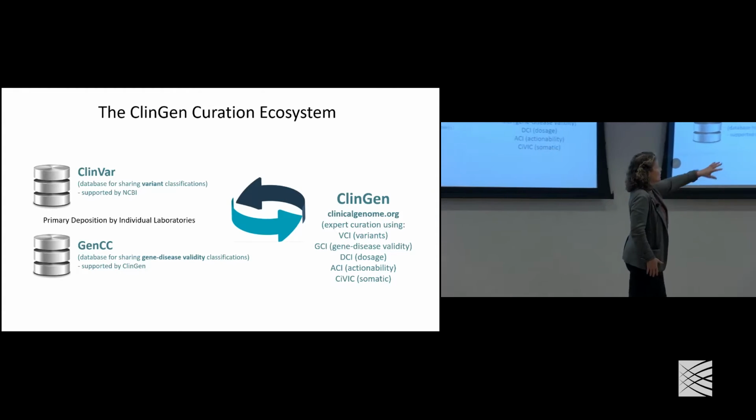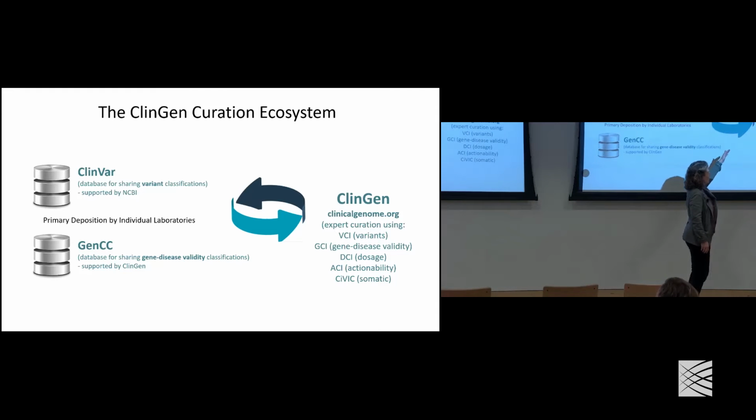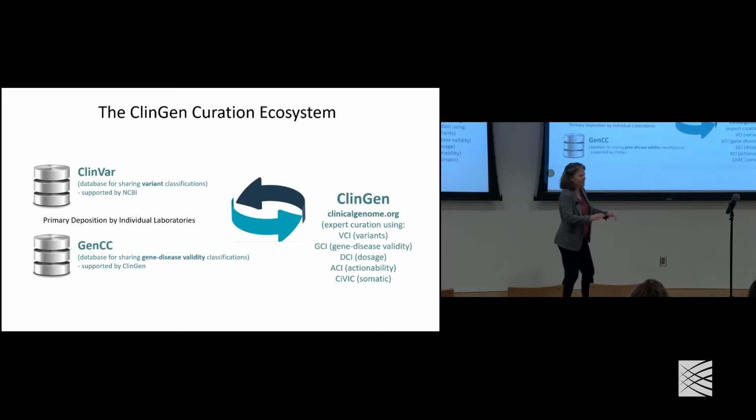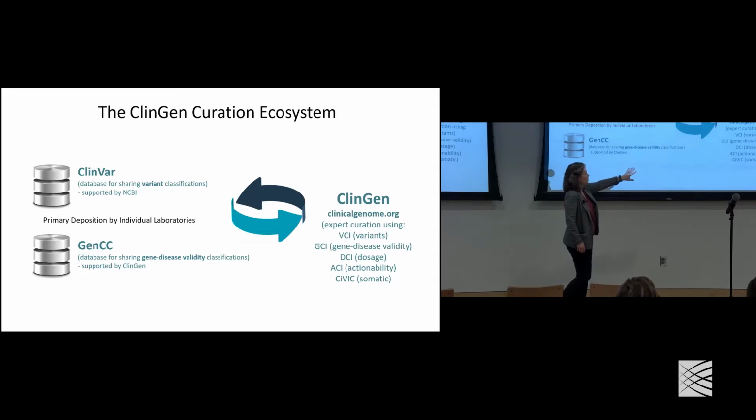We're doing a lot of the work in ClinGen, and that work is on our website, clinicalgenome.org. We do expert curation using a variety of interfaces: variant curation interface, gene curation interface, dosage curation interface, actionability curation interface. You see a theme here. And then the somatic work is done in a separate database called CIViC through a collaboration with the somatic cancer community. That's where all the expert curation happens.